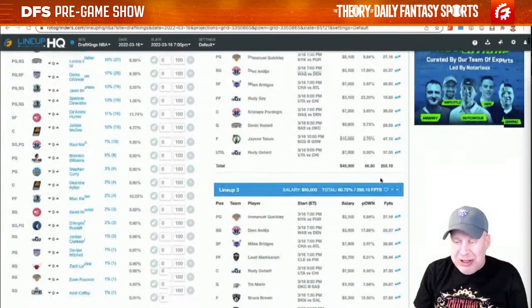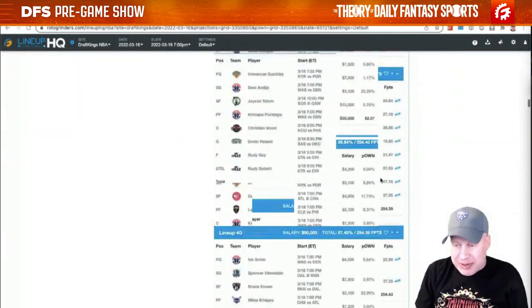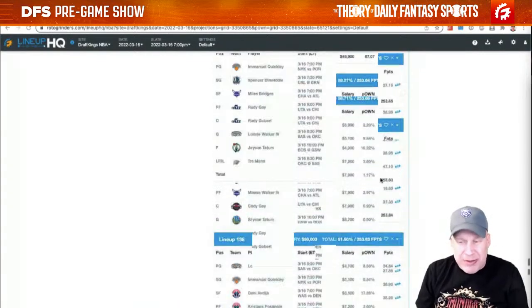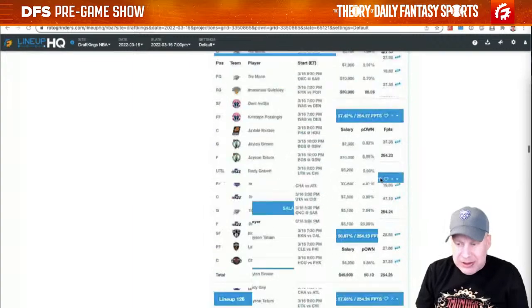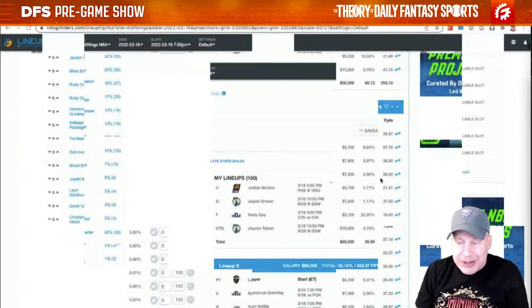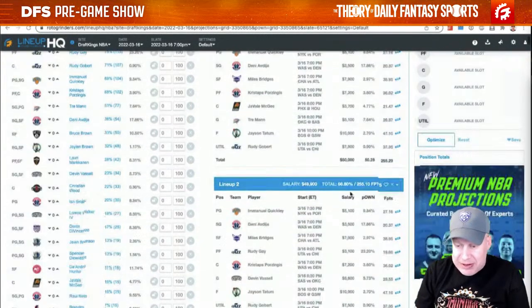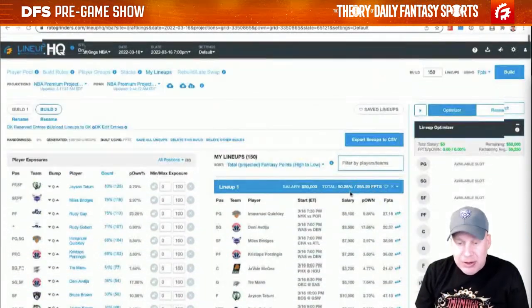Would you rather have 150 of these? And these are only at the top. What's at the bottom? Scroll all the way down. You probably still get 253, because it's all just low median players that still fit to 50,000.